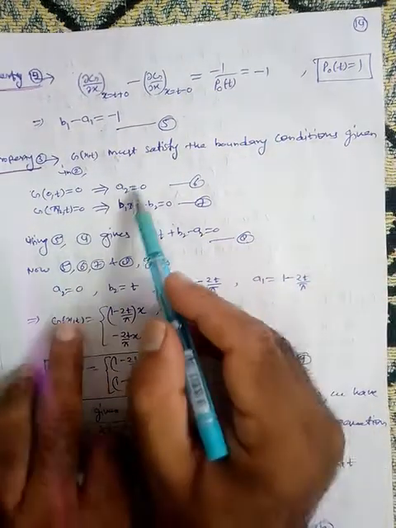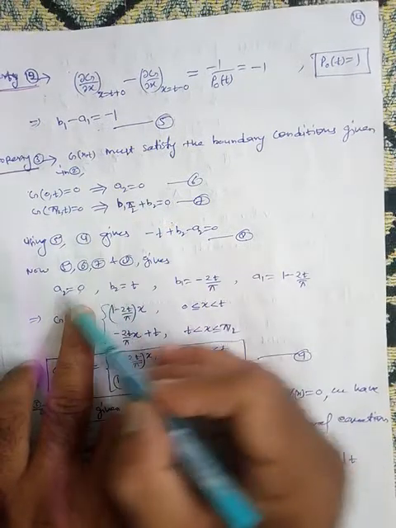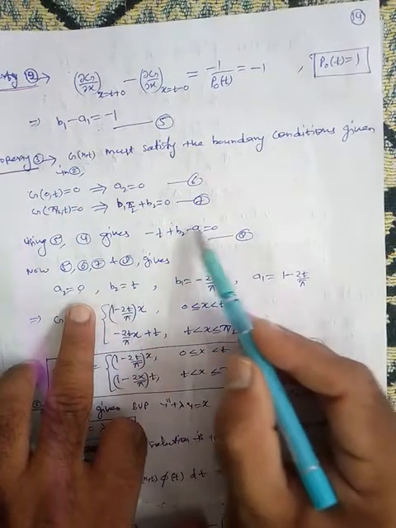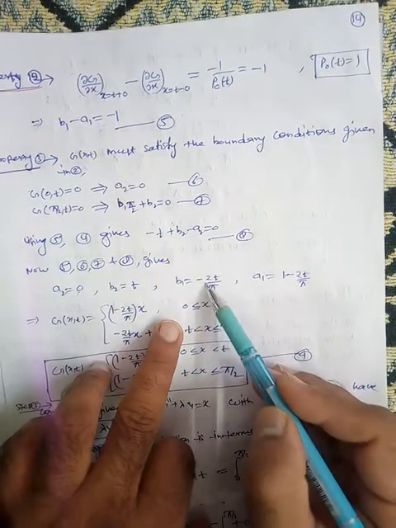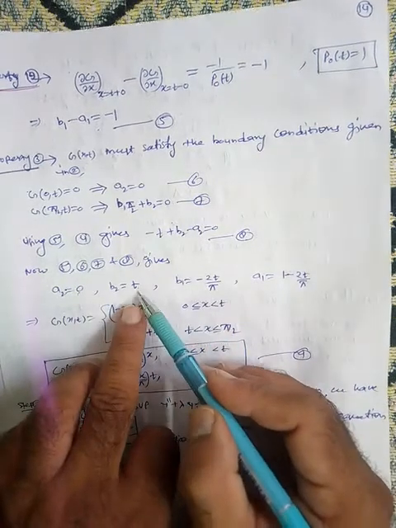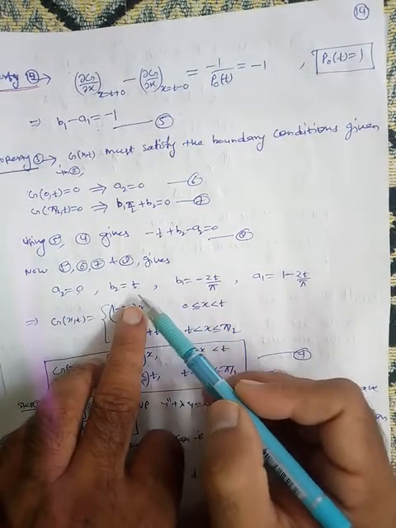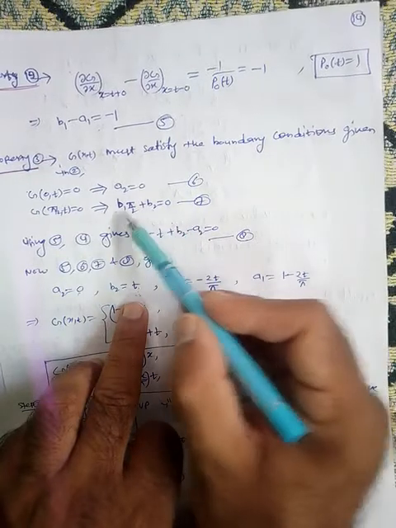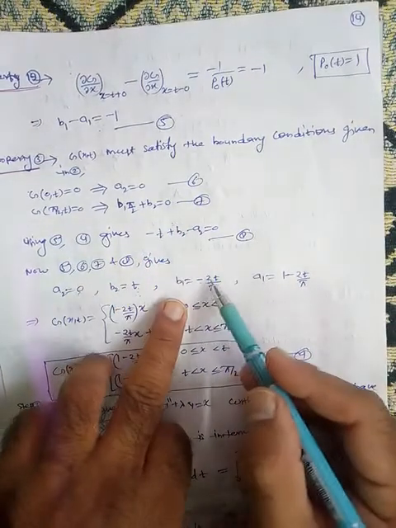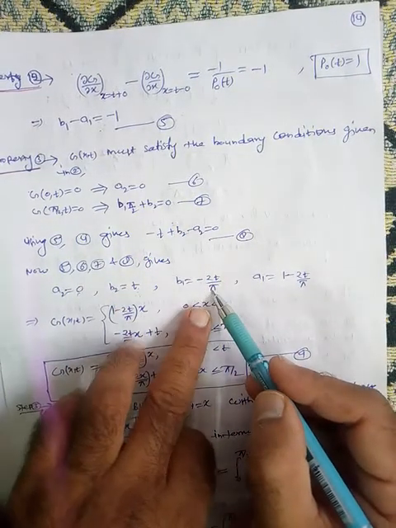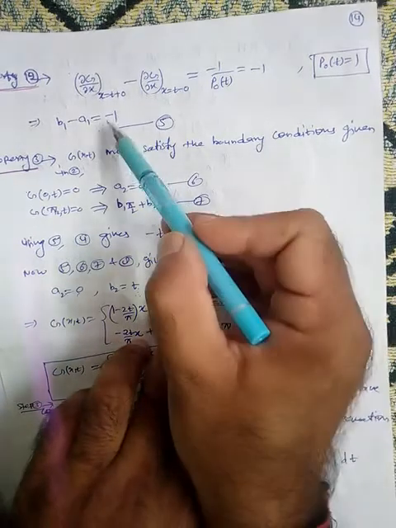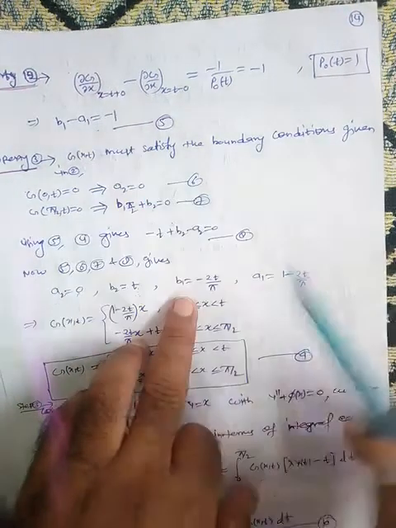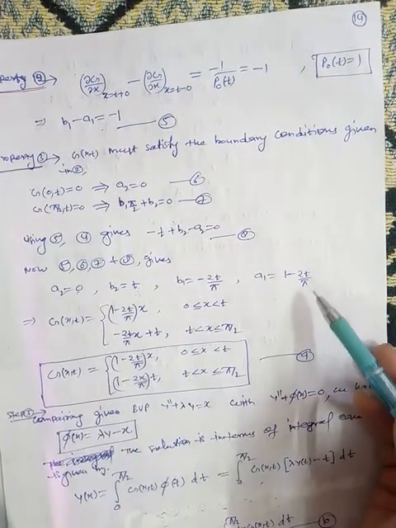Here we have a2 = 0. Put this a2 = 0 here, so we get b2 is t. When b2 is t, put it here and find b1. So b1 will be minus 2t by pi. Now put this b1 in equation number 5 and get a1. So a1 is 1 minus 2t by pi.